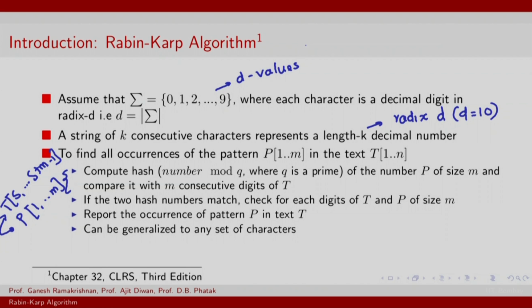So the general formula for representing a number in the radix D notation is as follows. Let us say Ts is defined to be T starting at position S plus 1 and ending at position S plus m.